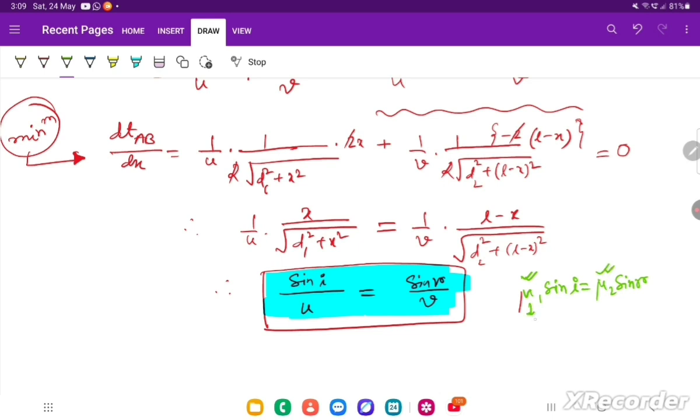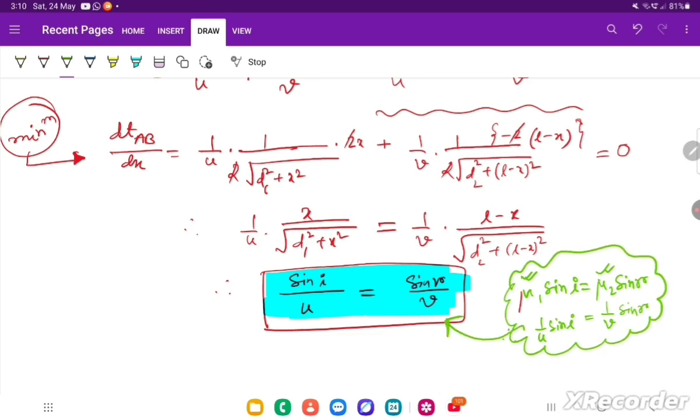And as we all know, mu equals c upon v. c is constant as it is the speed of light in vacuum, and v is the respective speed of light in that medium. So mu1 sin I is proportional to 1 by u times sin I, as mu is inversely proportional to the speed of light in that medium, and mu2 sin R you can write as 1 by v times sin R. So this is also an alternate form of Snell's law.